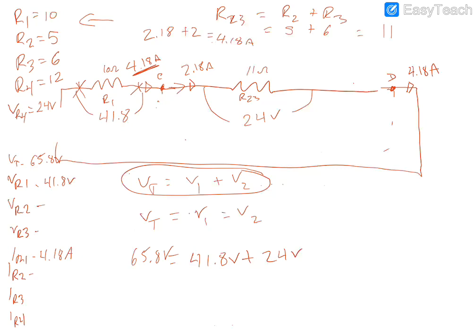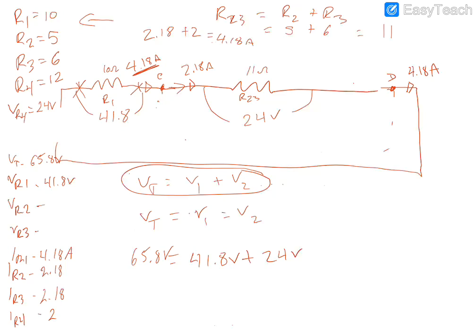So we found the current going through R2 and R3 to be 2.18. We found the current going through R4 to be 2. All these values are filling up.